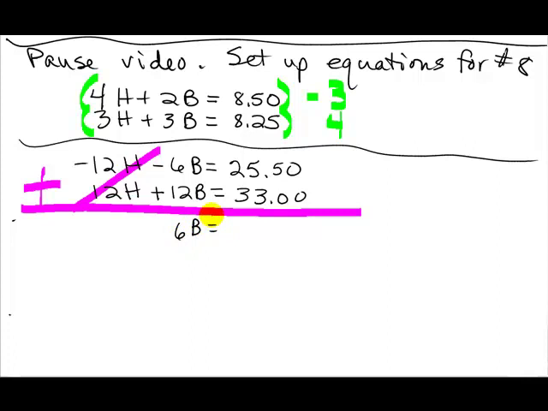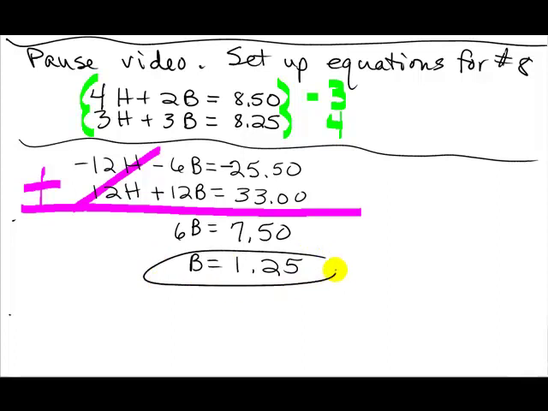Oh, and I forgot something. Do you notice what it is? -3 times this should be a negative. Okay. Alright, so we've got $1.25 for the bags of chips.